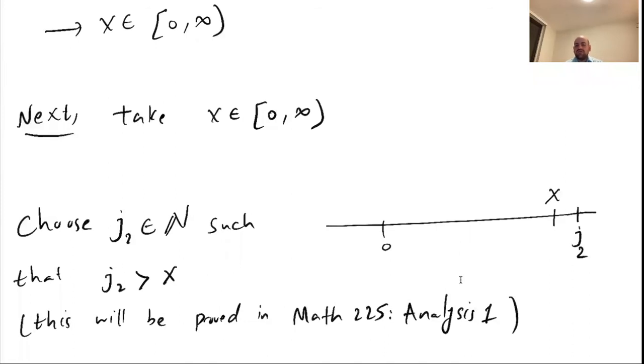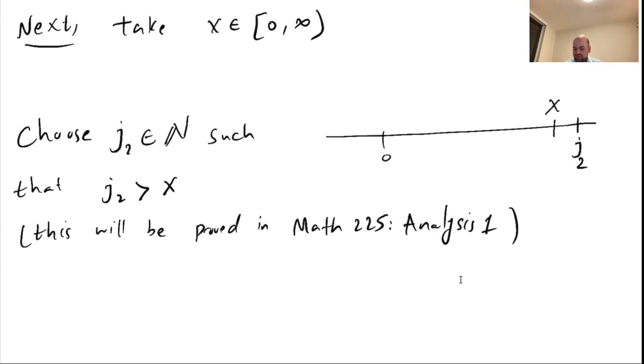For example, if your number is 10,000.20, you can choose 10,001, which is an integer bigger than x. But why does such a J2 always exist? What's the proof for that? The proof will be given in Analysis 1, Math 225.